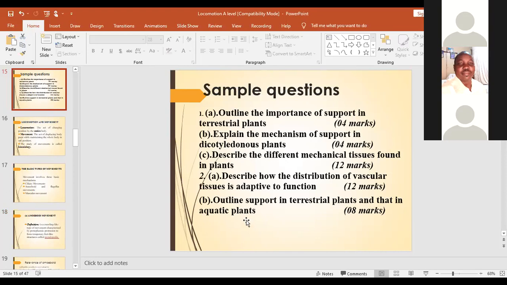So you can put them in a table and compare them, or you can give it as an essay where you talk about support in terrestrial plants separately, and you also talk about support in aquatic plants separately. But you can also give them in a table in terms of the comparison, because you are just outlining. You are giving some basic facts or basic information about that.